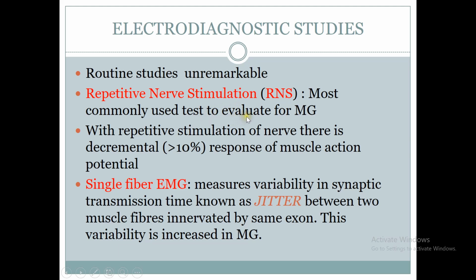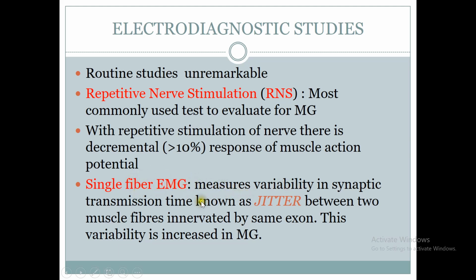What is the Tensilon edrophonium test? It evaluates the response to a short-acting cholinesterase inhibitor called edrophonium. It increases acetylcholine levels in the synaptic cleft because of its inhibiting effects on acetylcholinesterase, and this results in increased postsynaptic transmission and improves muscle power because of more acetylcholine present in the synaptic cleft.